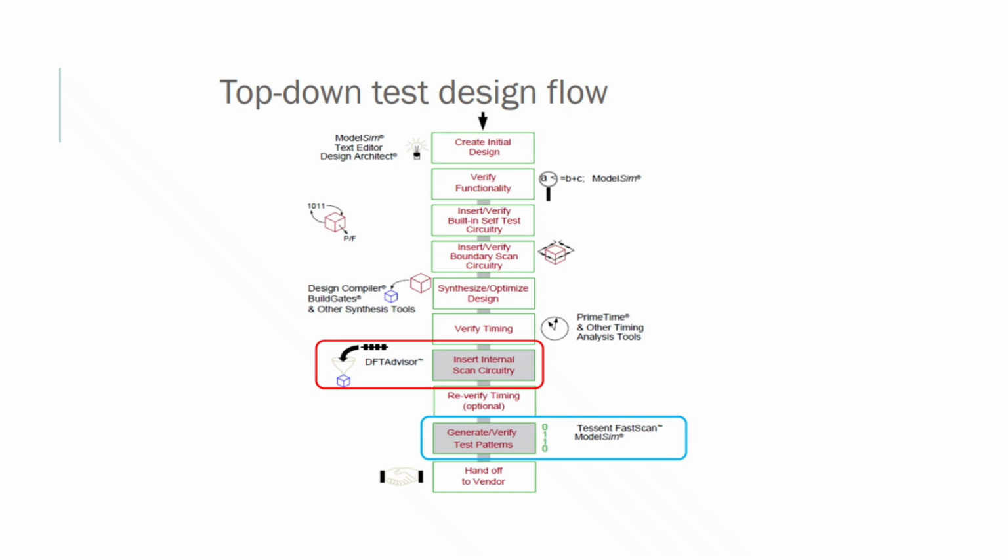EDT or test compression has to be taken care of. Wrappers have to be done. All of this we have to make sure is tried, inserted, verified, and simulated. Now we also have a few methodologies called SSN, which help to reduce the routing and also reduce the IOs.